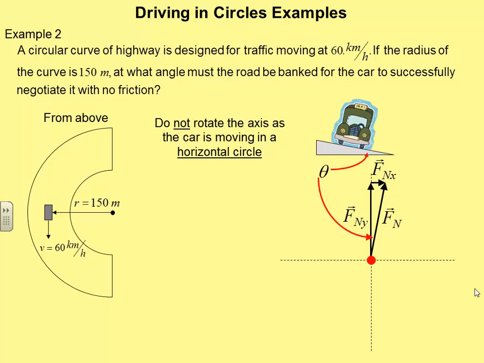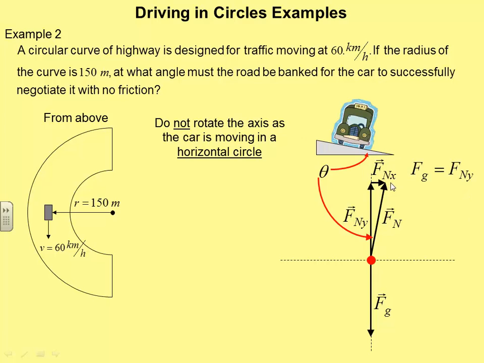Now, there also is a force of gravity acting on the car, which, as gravity always does, acts straight down. Notice that since it's moving in a horizontal circle, it is not accelerating vertically. And since it isn't accelerating vertically, F_g has to balance out F_Ny.